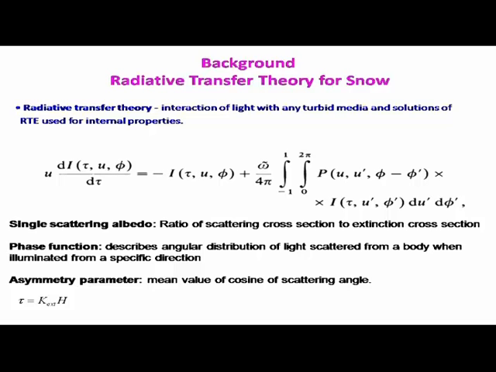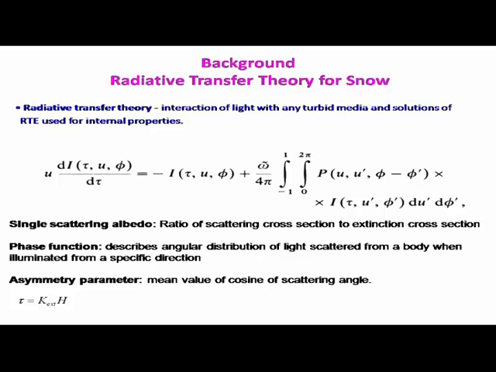I'll give a brief background about radiative transfer theory for snow. Radiative transfer theory describes the interaction of light with any turbid media, and the solution of the radiative transfer equation is used for the internal properties of the material. In this equation the important optical parameters are ω, the single scattering albedo, τ, the optical thickness, which depends on the extinction coefficient, and the third is p, the phase function.